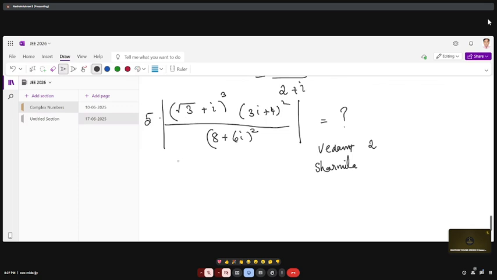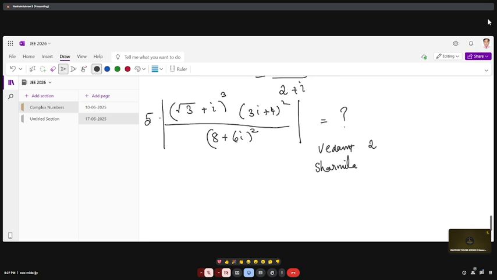Okay. So the modulus of a complex expression can be simplified. You don't have to multiply all of these, taking the cube and square and all that. Here you have to use the property of modulus.